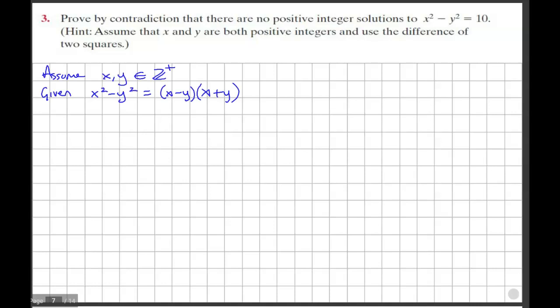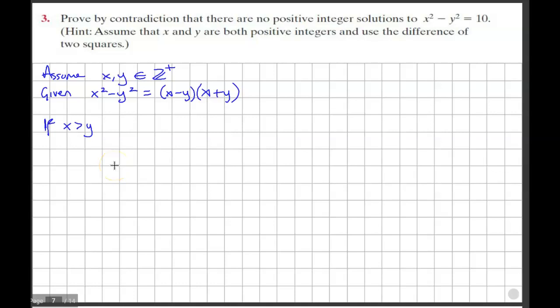And we also know the idea of difference of two squares, where x squared minus y squared is equal to the product of the difference and the sum, so x minus y multiplied by x plus y. We then look at the two scenarios, firstly where x is greater than y, and then secondly the opposite, where y is greater than x.